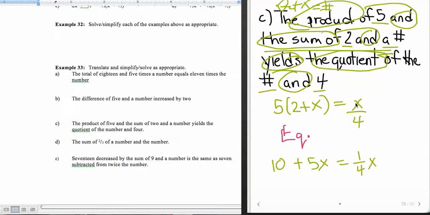Remember the numeric coefficient of the x here, that number in the bottom one. And then we're going to clear this. So we're going to multiply everything by our LCD, which is equal to 4. And that's going to give us 40, and then plus 4 times 5, which is going to give us 20.